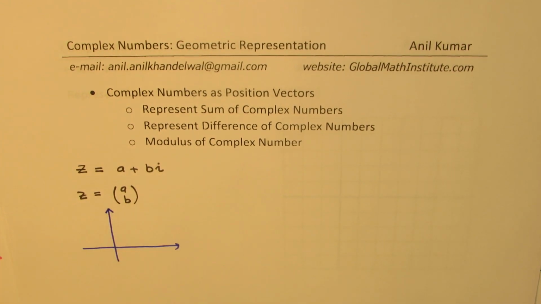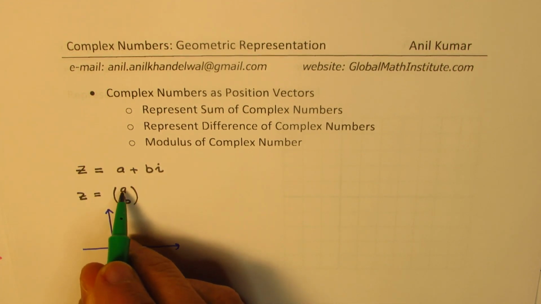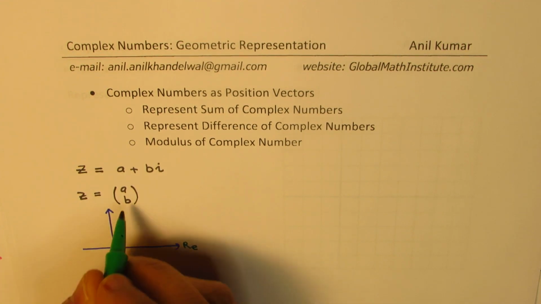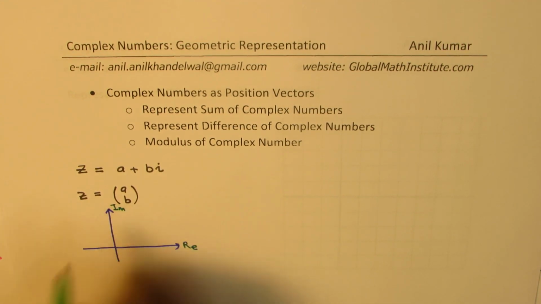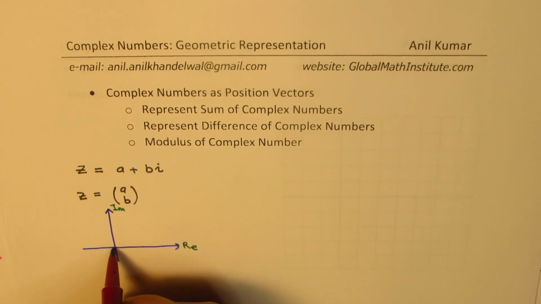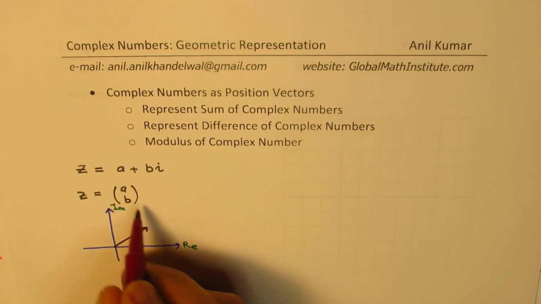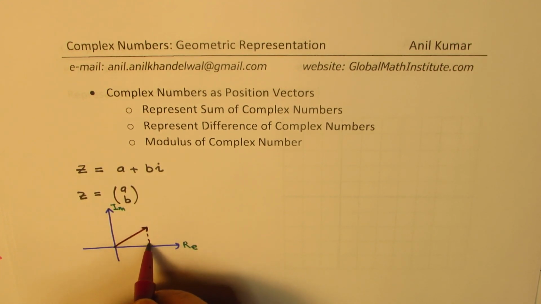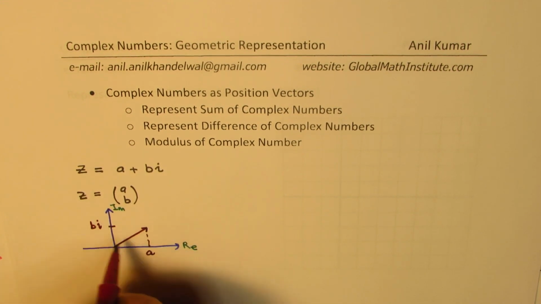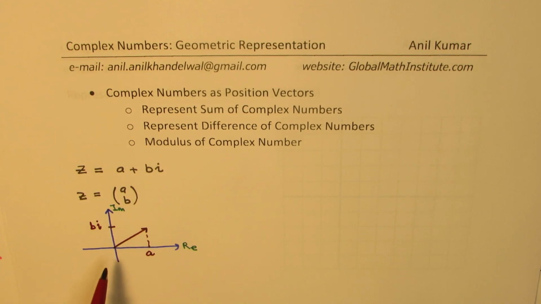So if I represent a vector whose a is the value along the real axis and b is the value along the imaginary axis, so in this case a and b, this vector could be (a, b), if this value is a here and that is bi. So a directed vector with tail at the origin, so that's the origin.